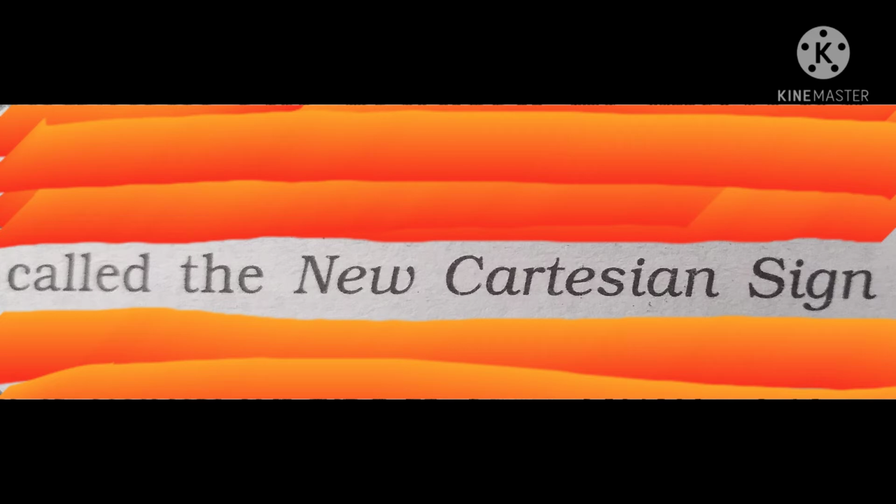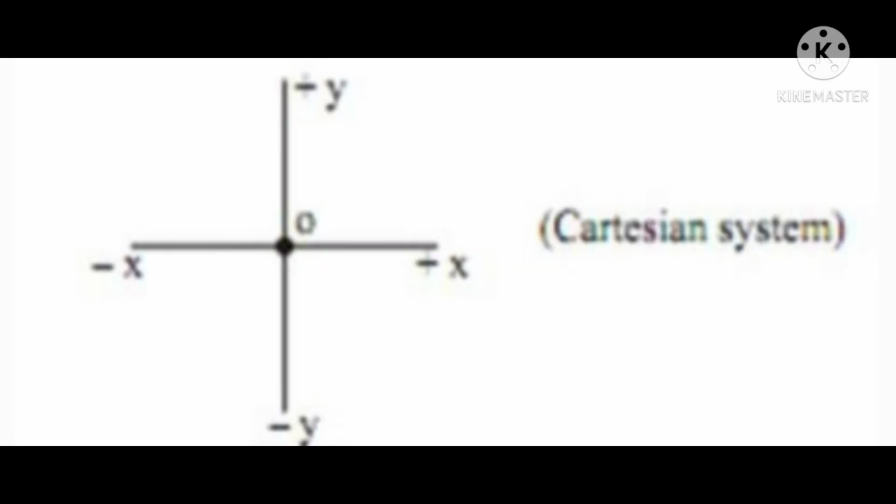What happens in this convention, just look here. We have two lines, one perpendicular and one horizontal, and the intersection point of the horizontal and vertical lines we call the origin, represented by O. Clear?